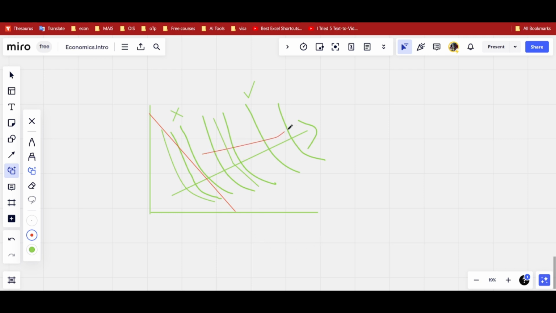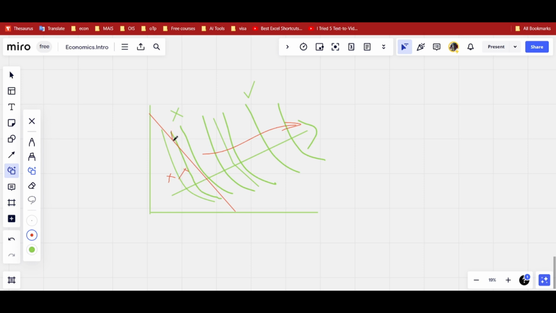Of course, in theory, all of these levels of satisfaction exist for you. You just don't have the money to buy this level of satisfaction. Your budget has limited you to only these two indifference curves, basically.